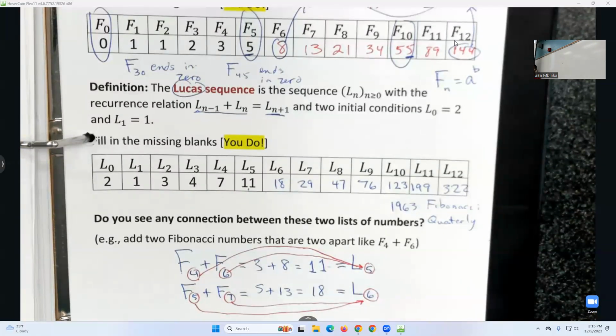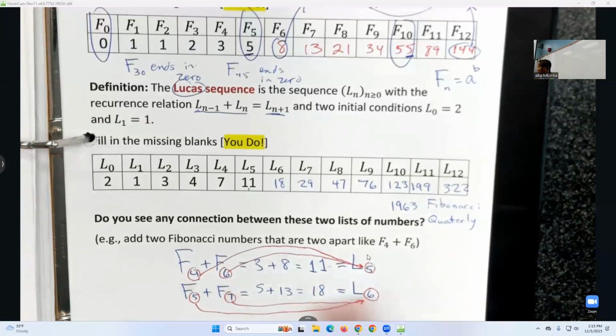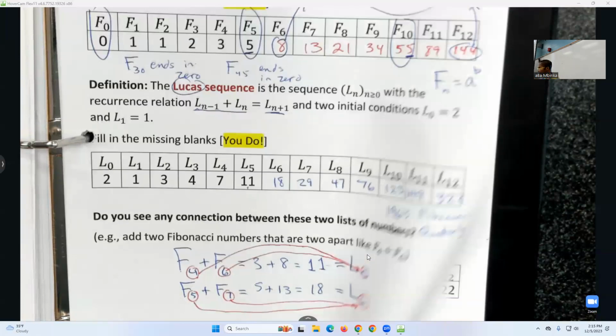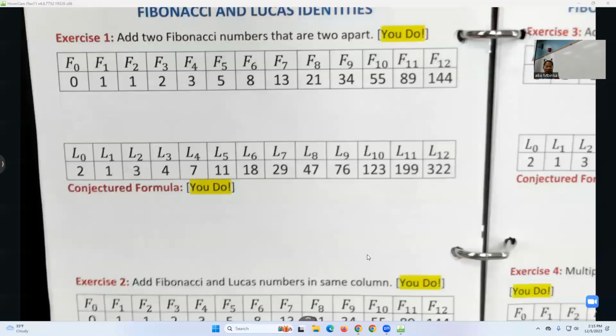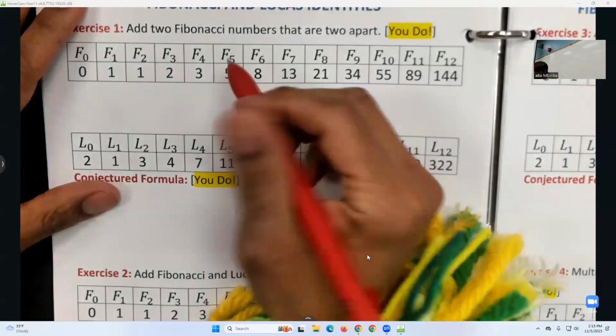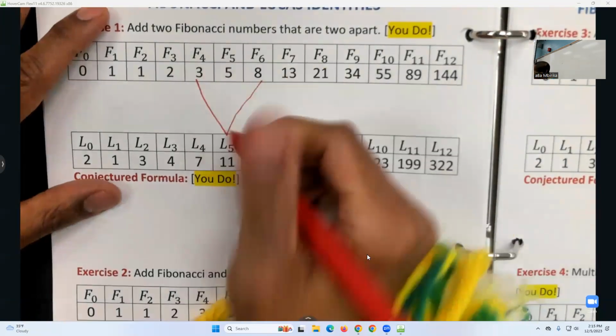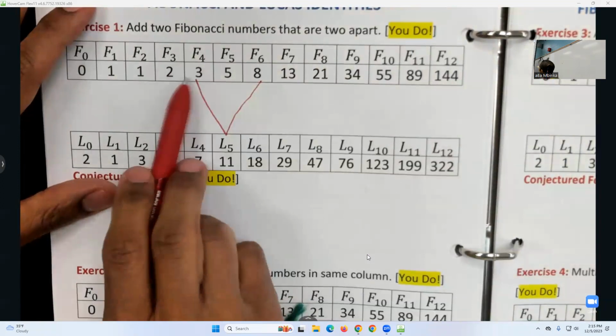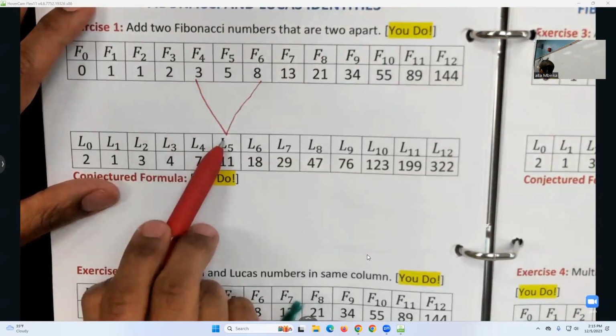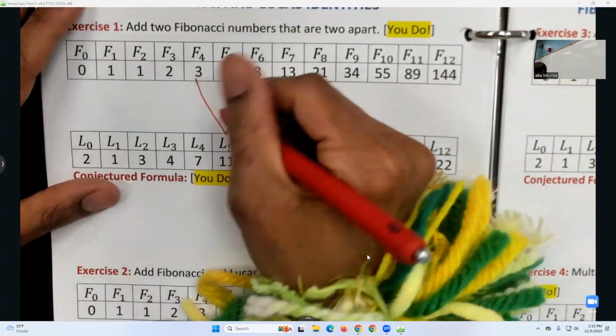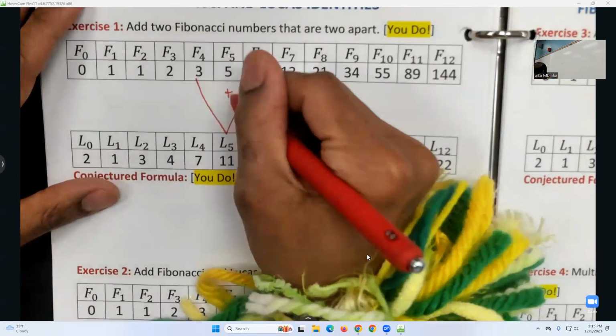So it seems like this might be a true statement in general. Let's turn the page and write a general statement for numbers that are 2 apart. What we are observing is that when we added the 3 and the 8, we got 11. So F4 plus F6 equals L5, the number down below, 11.